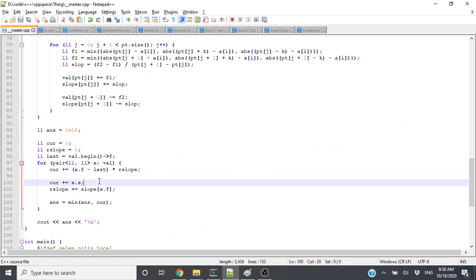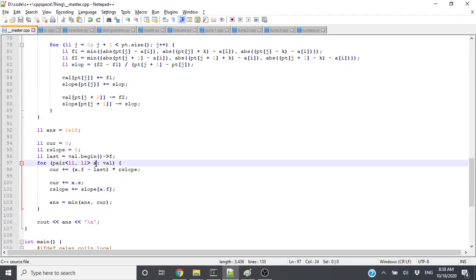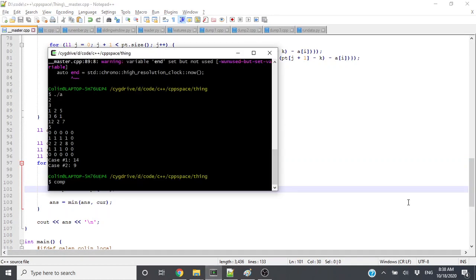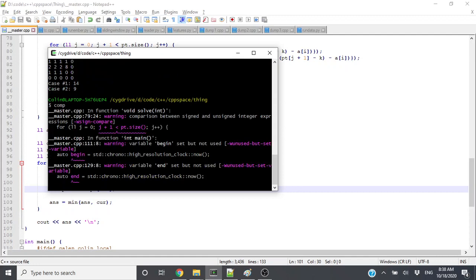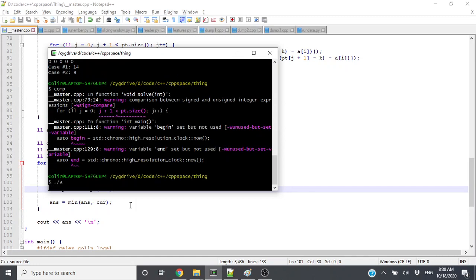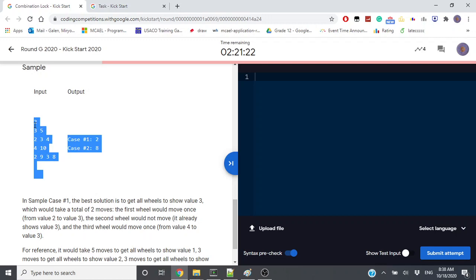And then we add the new function values, the changed ones, to this, and we update the slope, and everything works out. I hope it works out, maybe. Does it even compile? It does compile. Wow. That's kind of nice.